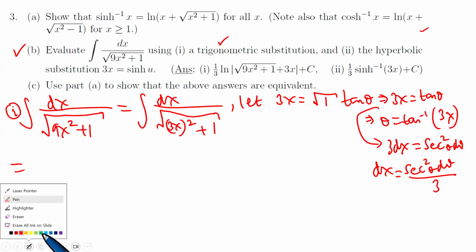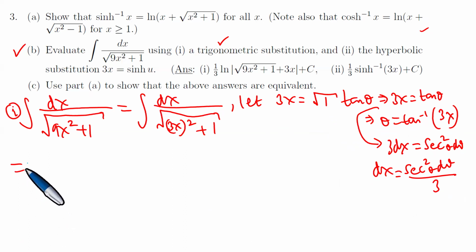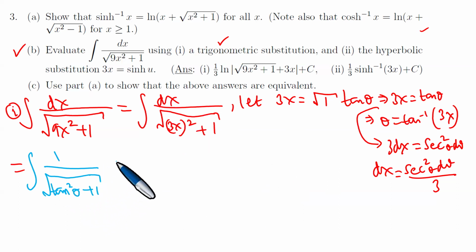It means that you'd have the integral of dx, and then you have 1 divided by the square root of, what is 3x? It is tan theta, but you square it, which is tan squared theta plus 1. What is dx? Sec squared theta d theta over 3.